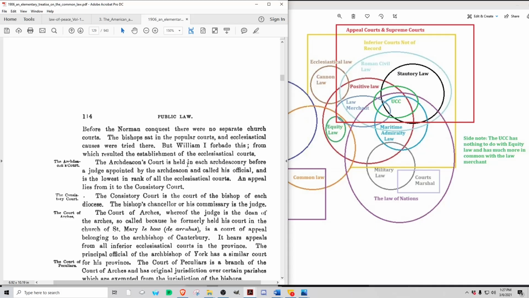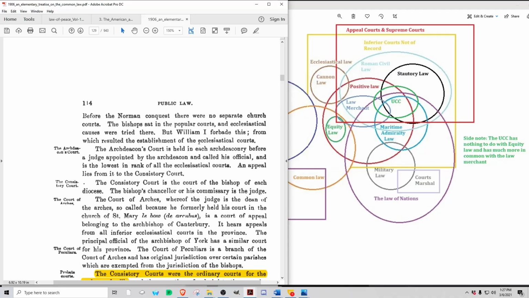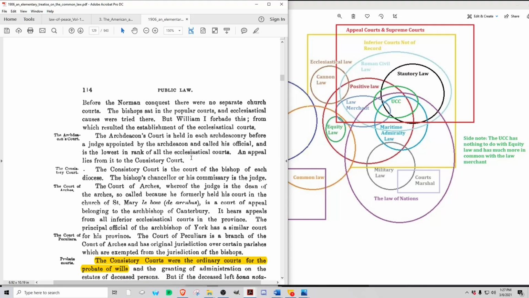The bishops sat in the popular courts, and ecclesiastical causes were tried there. But William, this is William the Conqueror, William I, forbade this, from which resulted the establishment of the ecclesiastical courts. Well, he wanted to give his filthy cult of Rome bastards, priests of El, power. So he did.